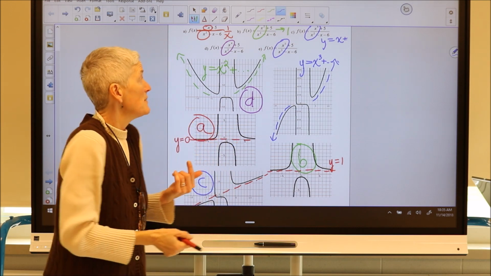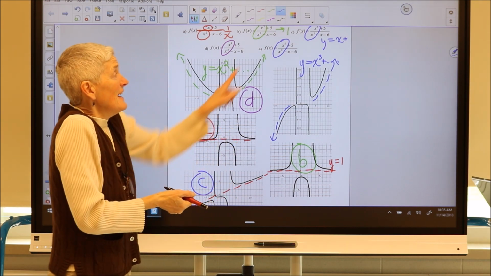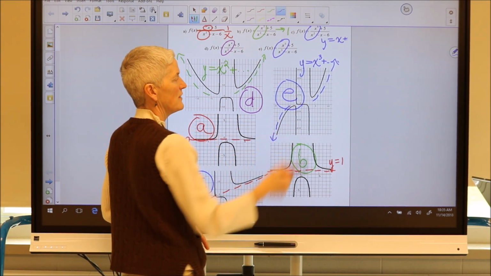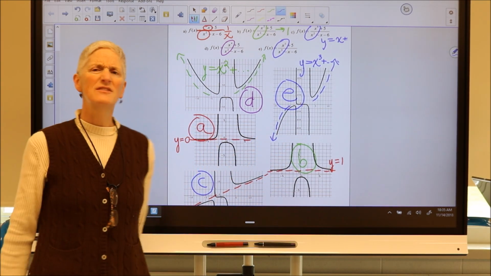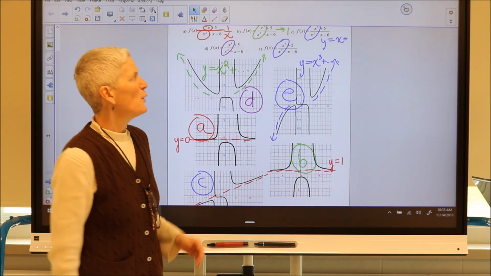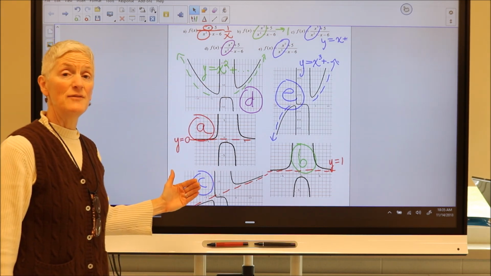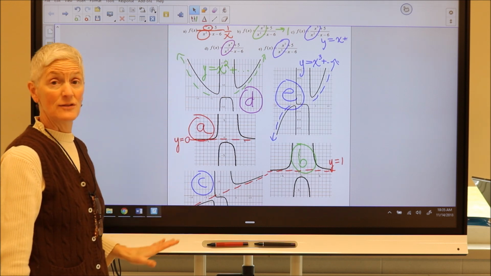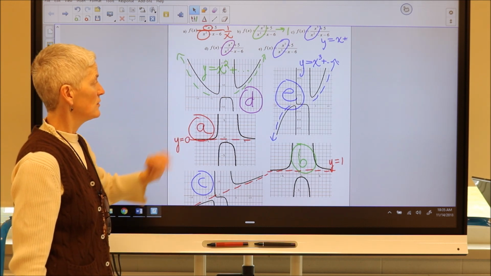X to the fifth divided by x squared, that's going to give me x to the third. So that's going to be E. Do you see how that works? So just by looking at the end behavior, you can match each function with its equation or with its graph.